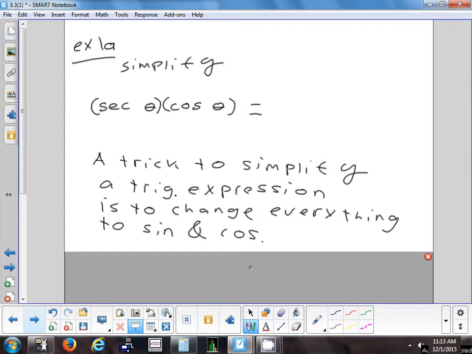Okay, so let's start with secant. Okay, how do I write secant just using sines and cosines? 1 over cosine. Yes, secant is 1 divided by cosine. Any question on that? Now I'm going to write times cosine.